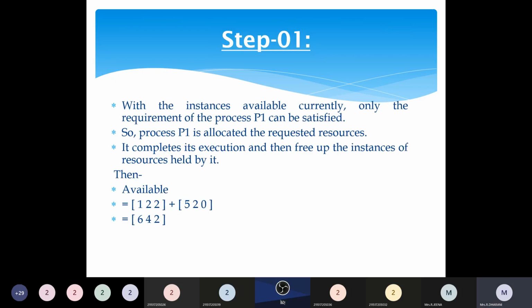Okay, with the instance available currently, only the requirement of the process P1 can be satisfied. Process P1 is allocated the requested resources and completes its execution, then it frees the instances of resources held by it. So then availability is equal to 122 plus 520, you will get 642.